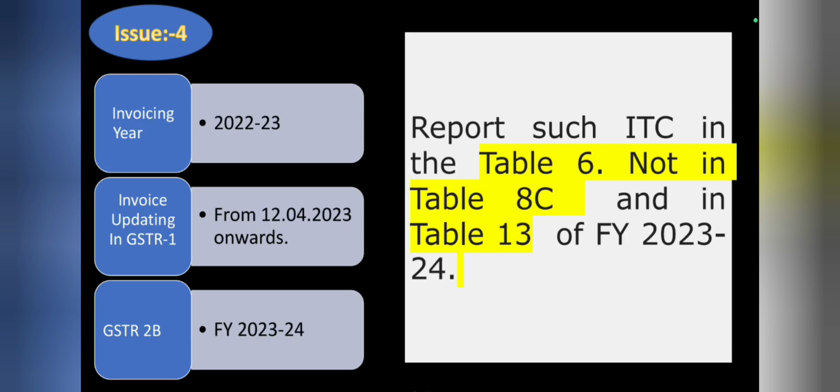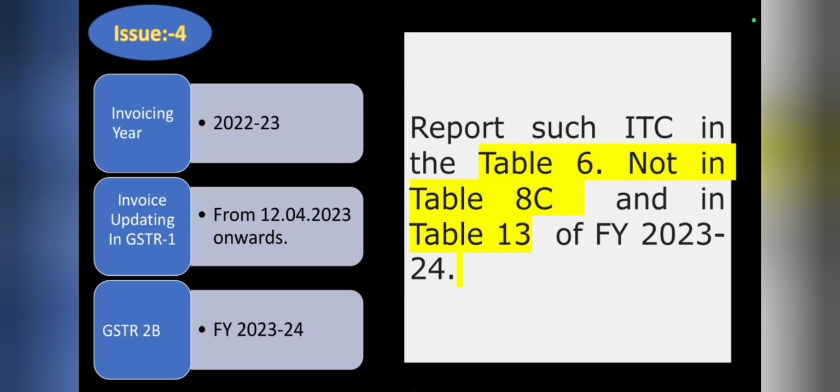Right? So how to report all these invoices in the GSTR 9? These invoices shall be reported in table 6, not in table 8C and 13. We know that in table 8C and 13, we place only those values which are available in the same financial year, but which we have availed in the next financial year up to a specified period.